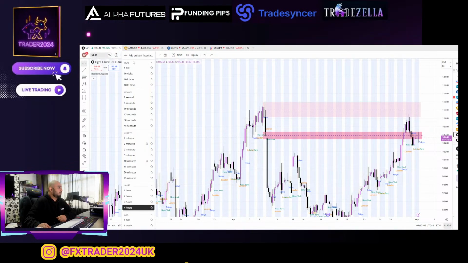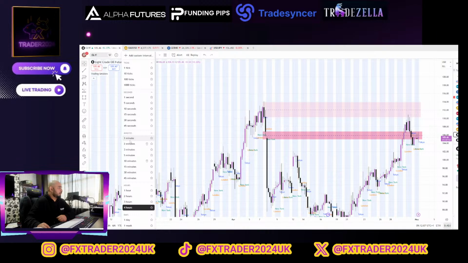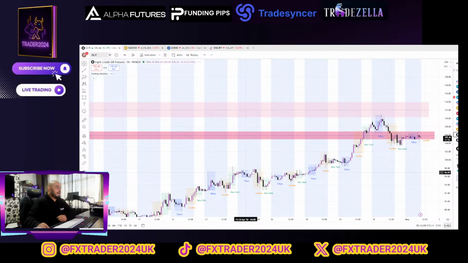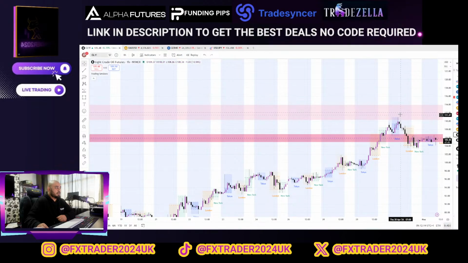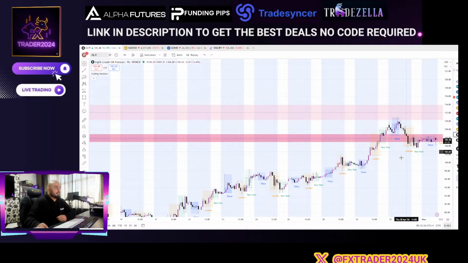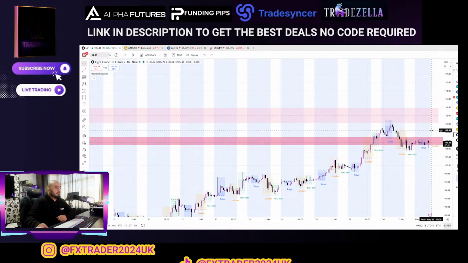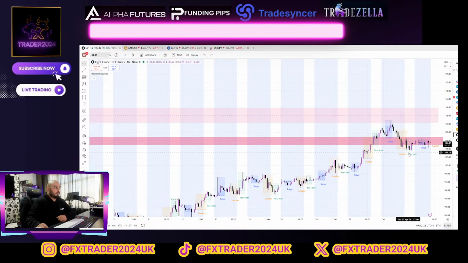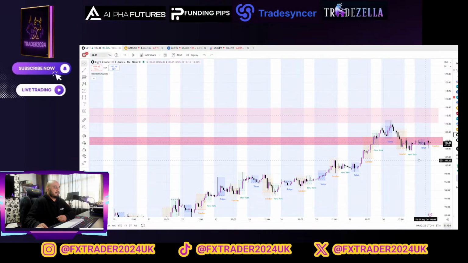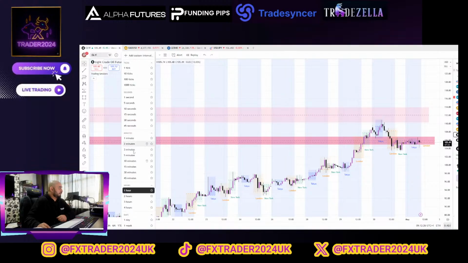Now what we're going to do is go down to the 1 hour, and you can see it just tapped into this demand zone area and pushed down. We've not had a retracement into a premium area for price to dump, but we have had a slight retracement. Let's go down to the 30-minute time frame.